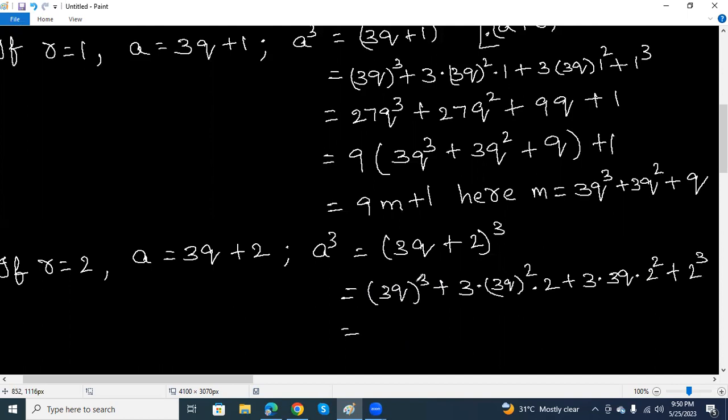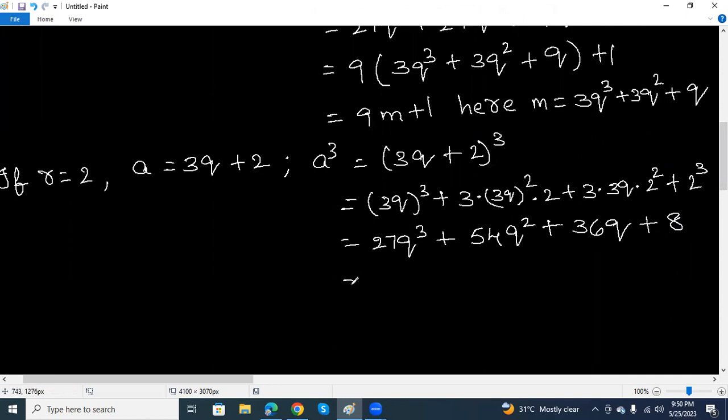So 3 3s are 9, 9 3s are 27 q cube, plus again 9 3s are 27, 27 2s are 54 q square, plus 2 square is 4, 4 3s are 12, 12 3s are 36 q, plus 2 cube is 8. Always our common factor is 9.